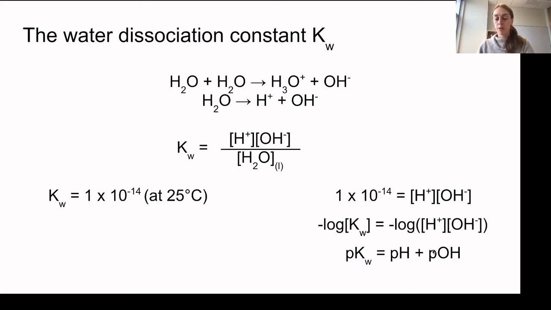And if we know that they're in perfect equilibrium, in this case, if we have pure water and it was 1 times 10 to the negative 14th, that is 1 times 10 to the negative 7th for each of these. And if you take the negative log of that, that is 7. Hence why a perfectly neutral pH is 7. So if you've always been wondering why 7 and 14, now you know.